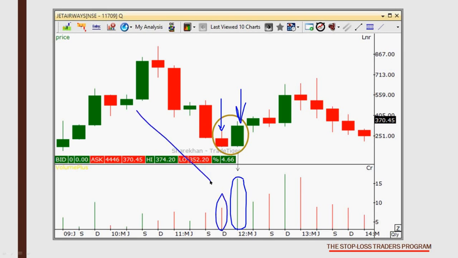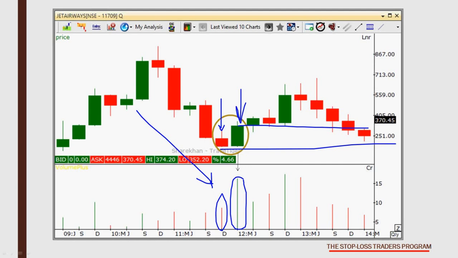This is just the ideal case, friends. It may not happen all the time. It was created near 300 and currently Jet Airways is around 470 or 480 level. Price never breached this low.